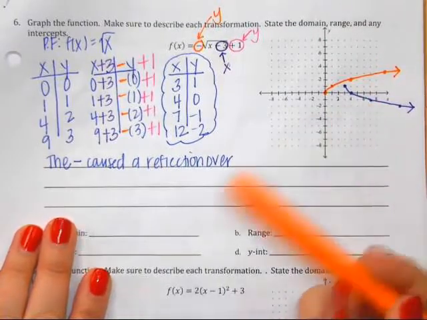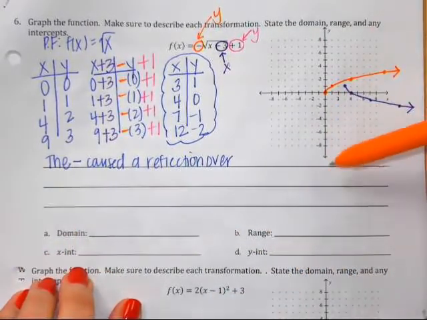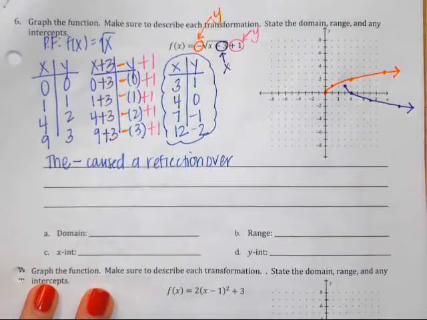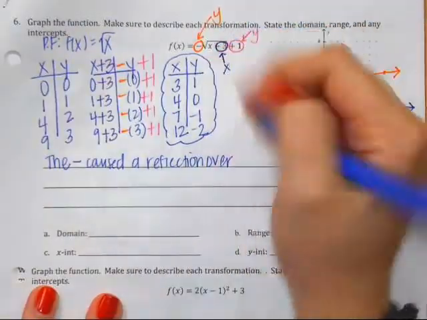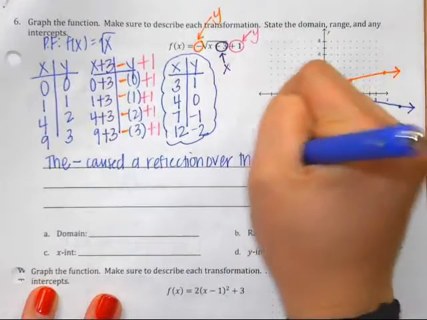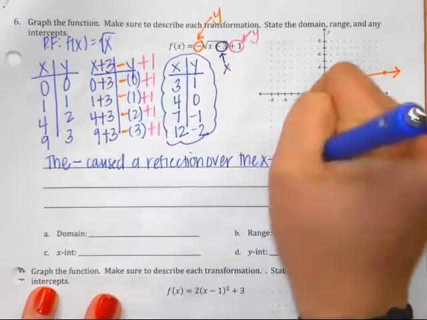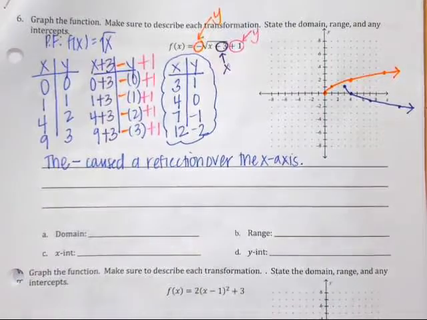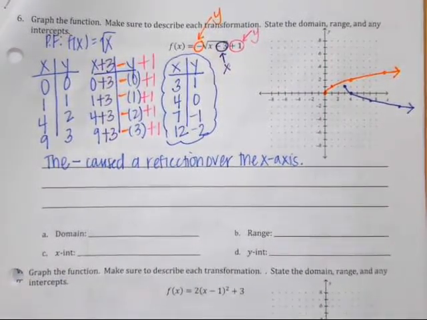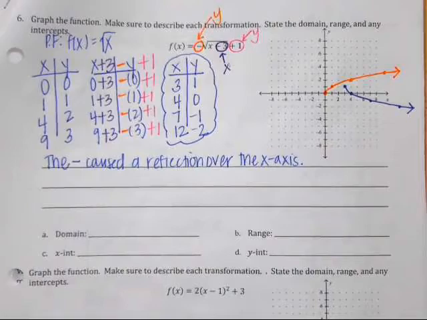So we know that it must have been reflected over the x-axis, which it was. Another way to think of it is, a change to the y is always a reflection over the x-axis. If it was a change to the x, it would be a reflection over the y-axis.